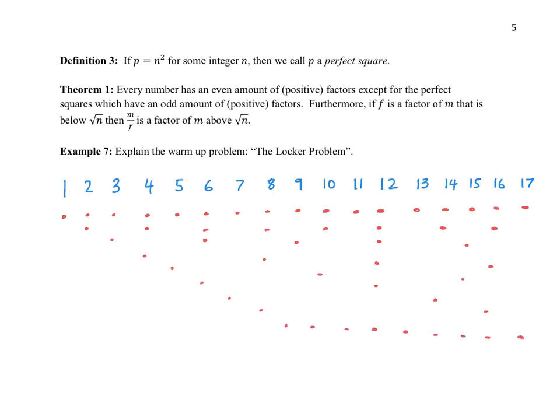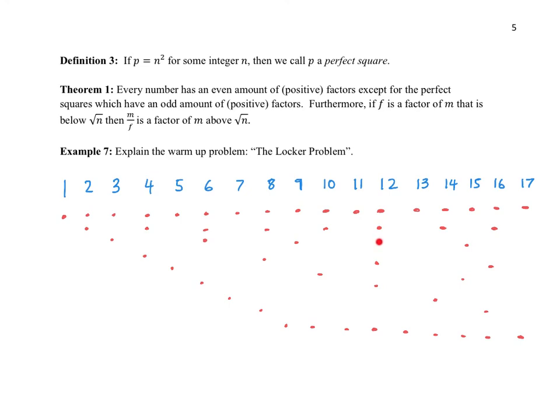Okay, so let's think about this diagram a little bit. Let's take, for example, the number 12. There's lots of dots underneath that one. So 12 has lots of factors. For example, 1 is a factor. That's when I changed every locker state. And 2 is a factor. That's when I changed every second.